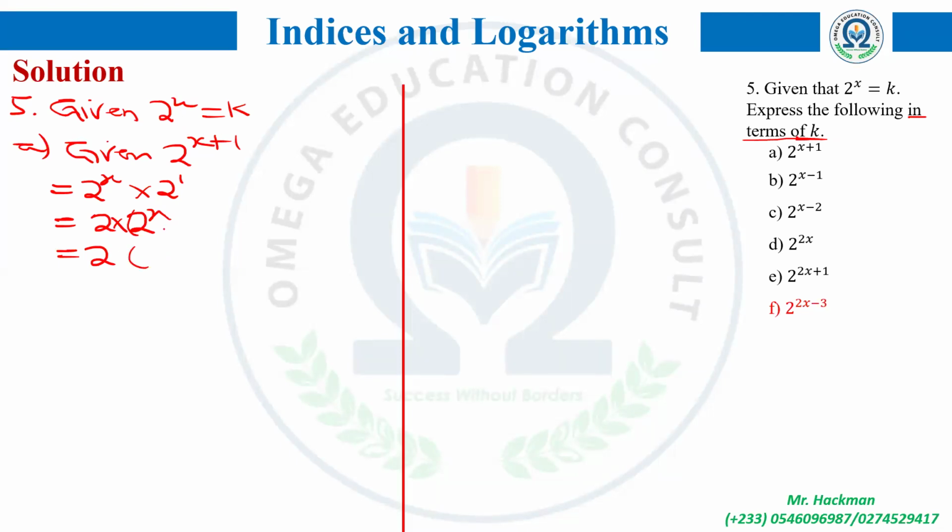You are told that 2 to the power x is k. Can you see that? Yes. So I did that substitution. Wherever I see 2 to the power x, it is k. So therefore, 2 to the power x plus 1 is equal to 2k. So I've been able to write this one also in terms of k. All correct?